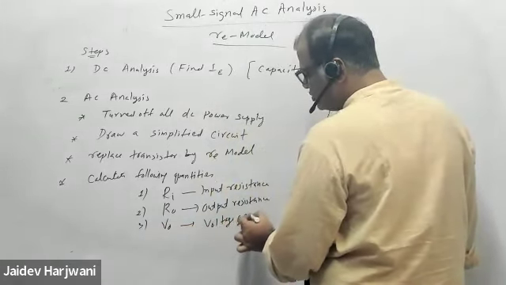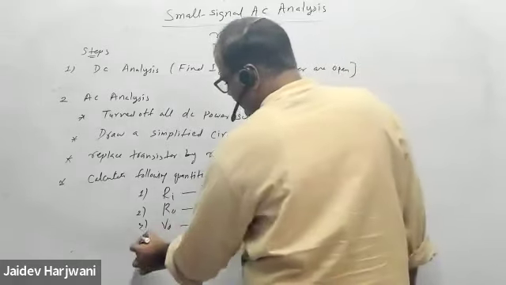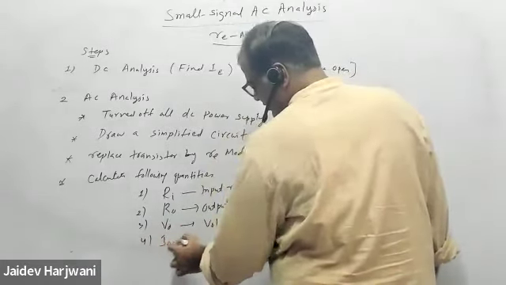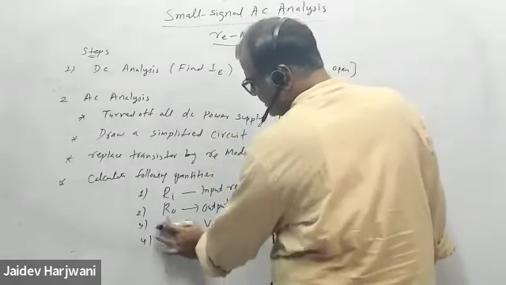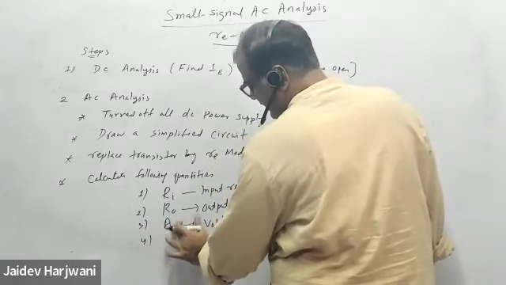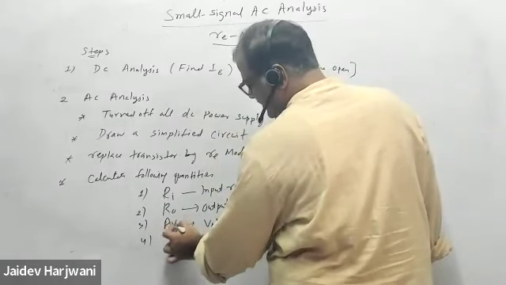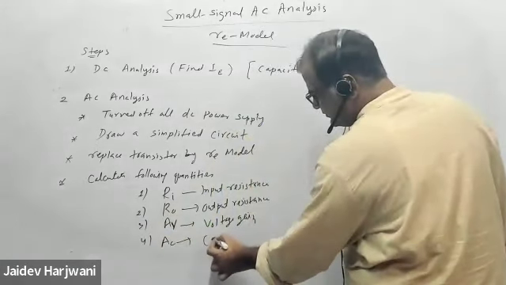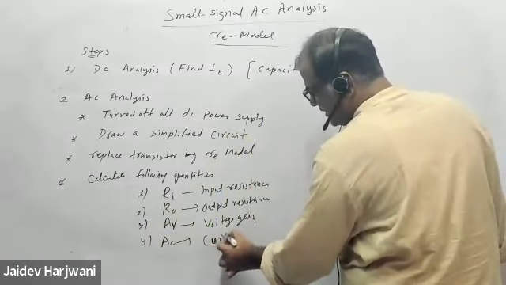It is not necessary to calculate all; calculate whatever is asked in the exam. The fourth is current gain. Voltage gain is written as AV, A is gain, with output voltage V naught, and AC current gain.